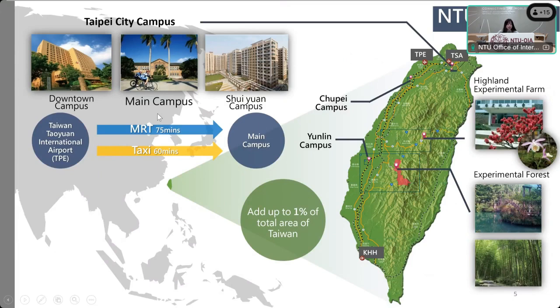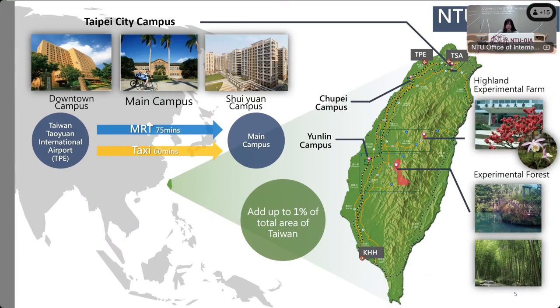The main campus in Taipei is situated in central Taipei next to Gongguan MRT station. You can easily travel around with MRT routes and bus stations. It's really easy for our students to go to, for example, the shopping district. And if they want to go to the mountains to hike or go to the beaches, it's also really easy to get to.